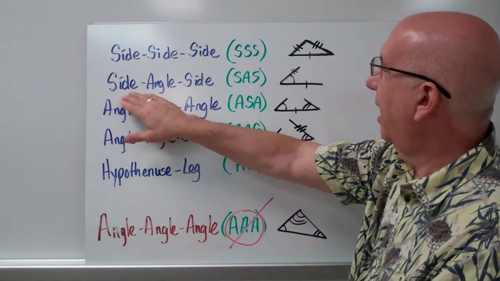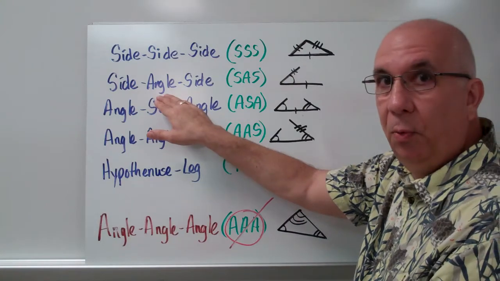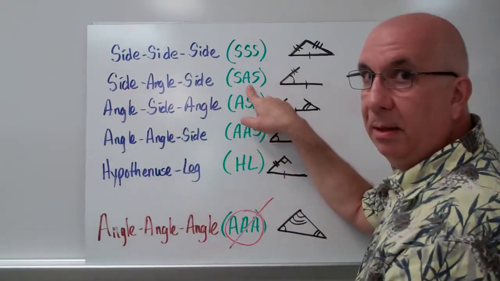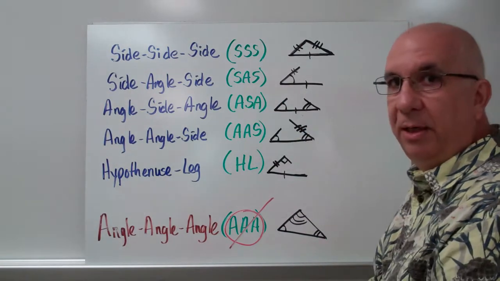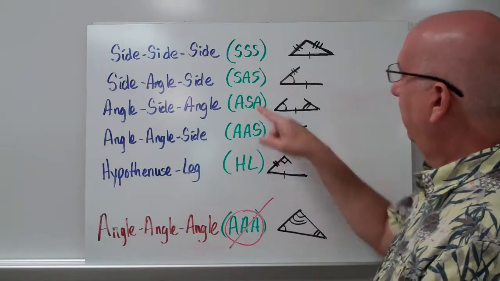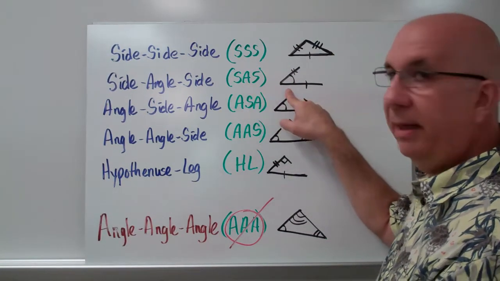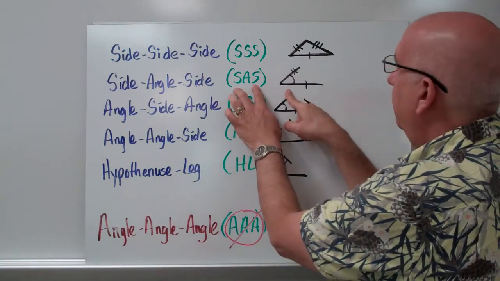There's another one called side, angle, side. The angle is included. Why? Because it's between the two sides. The A is between the two S's. Now, how do I know that it's side, angle, side? Well, the angle is included, so I have one angle, and it's included, which means between two sides.